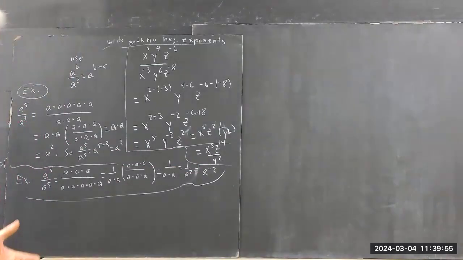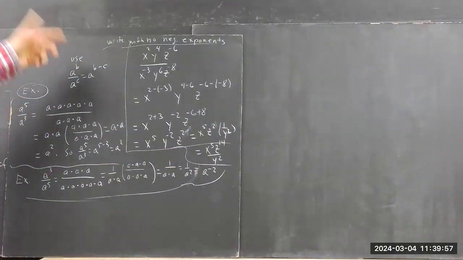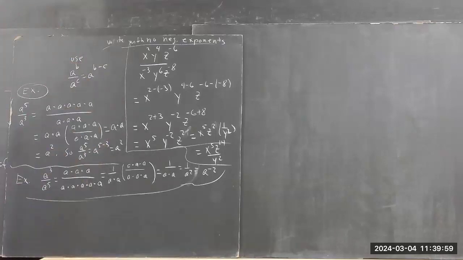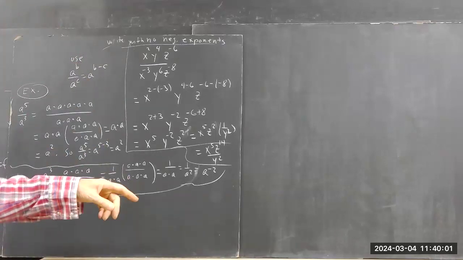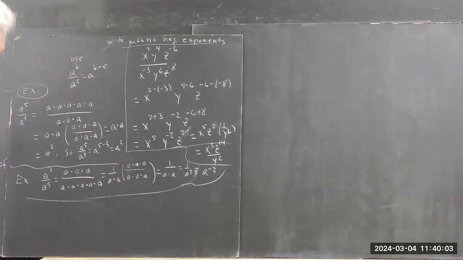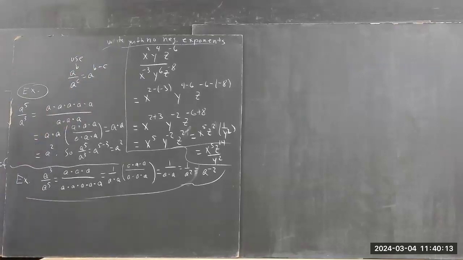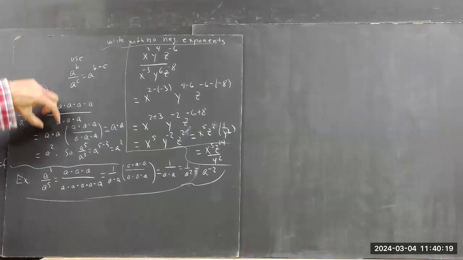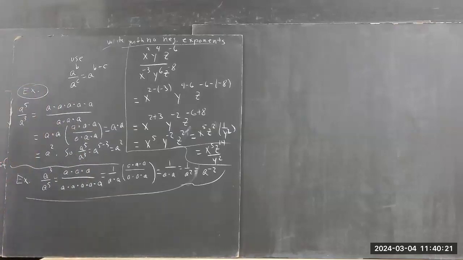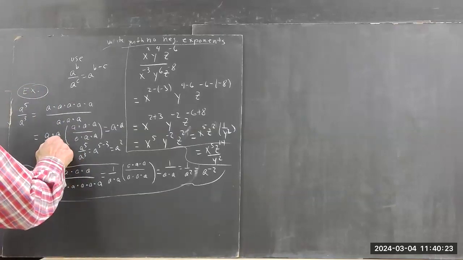Now I did explain, if we got a to the b over a to the c, why is it a to the b minus c? Especially if you have c bigger than b. Well, for example, a to the 5th over a to the 3rd, you string 5 a's together in the numerator, you string 3 a's together with multiplication in the denominator. And then you just regroup. Take these 2 a's here and write them out. And you can write that as a times a over 1 if you wish.